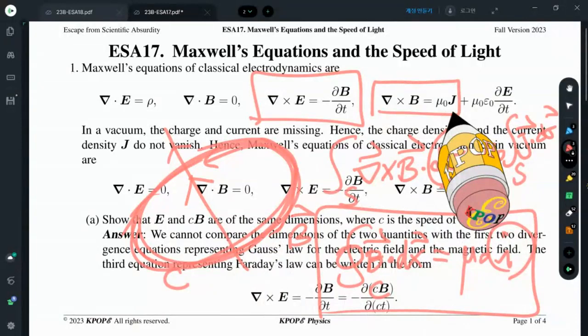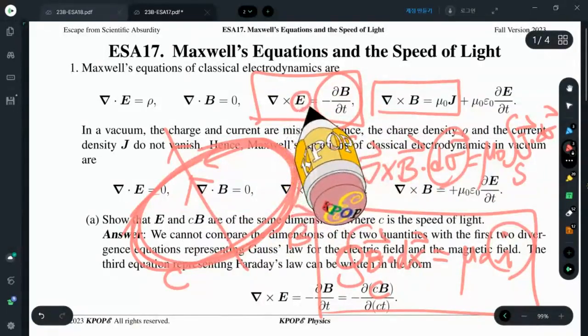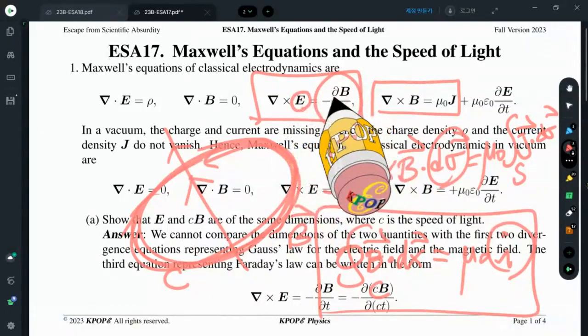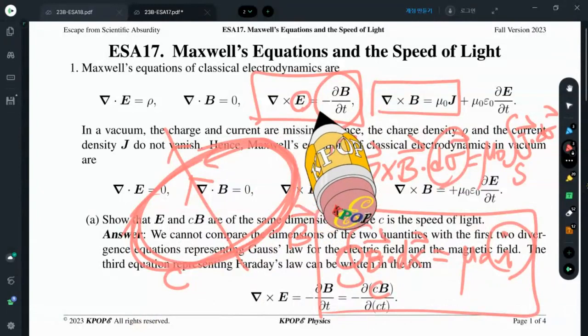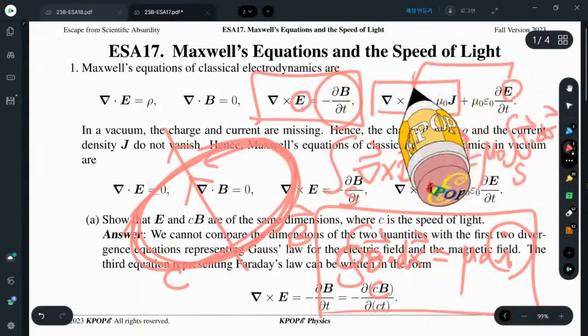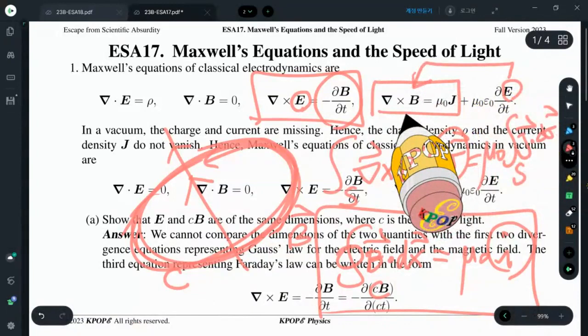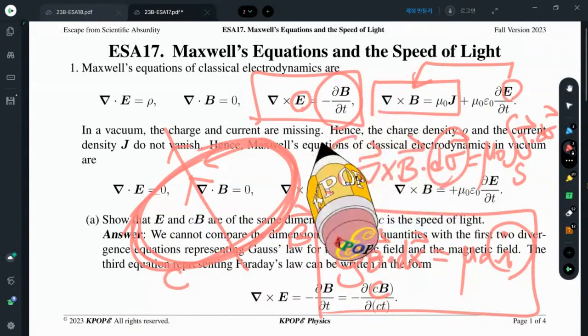By the way, there is a symmetry: a changing magnetic field generates the electric field, and a changing electric field also generates the magnetic field. This symmetry is called the dual symmetry of electromagnetism, and it was found by Maxwell.